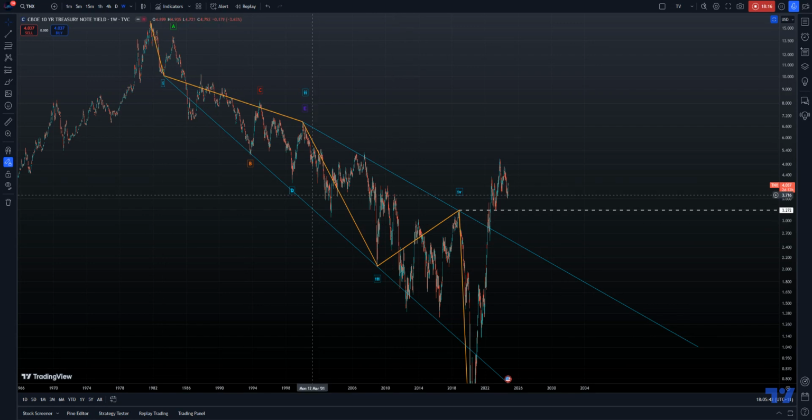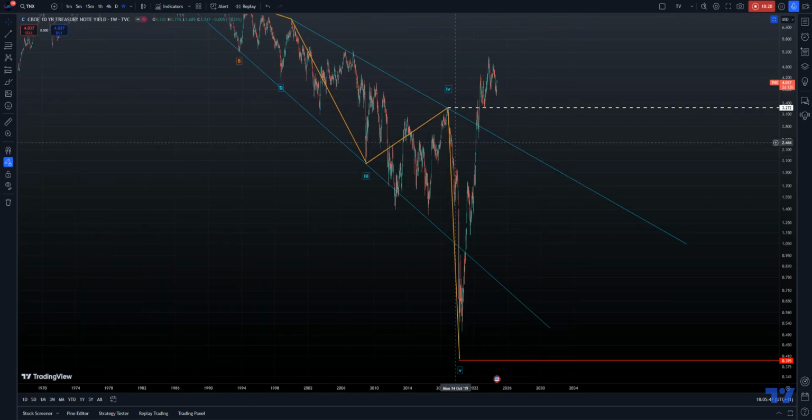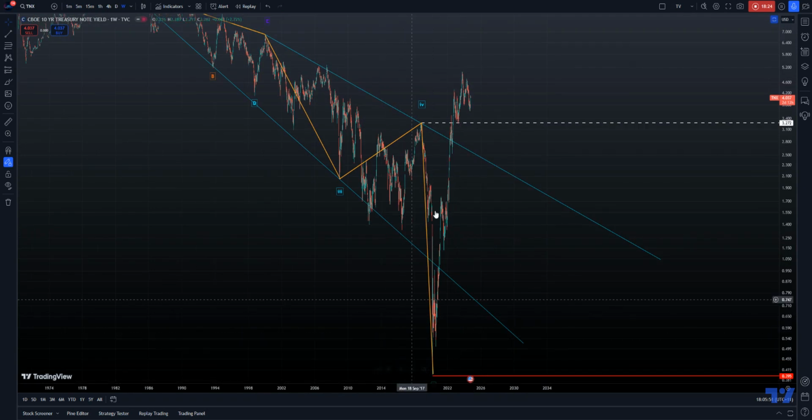That's why it's so choppy. So 1, 2, 3, 4, and then 5 was massive. It's a zigzag. Now, we broke back above the end of wave 4, right? So that to me indicates a reversal.